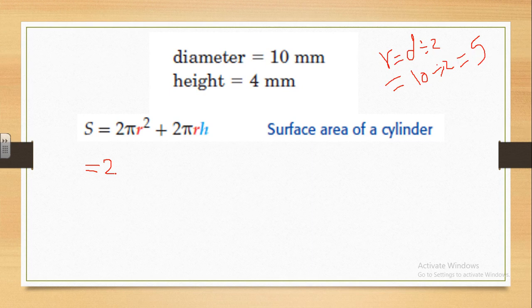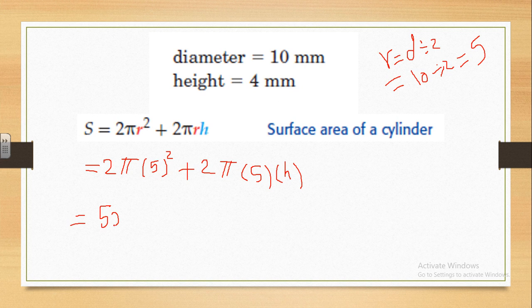That will be 2 times pi, and the r here is 5, so that would be 5 power 2, plus 2 pi, the radius here is 5 times the height 4. Well, 5 power 2 is 25 times 2 is equal to 50 pi.